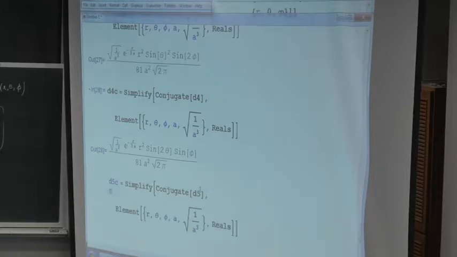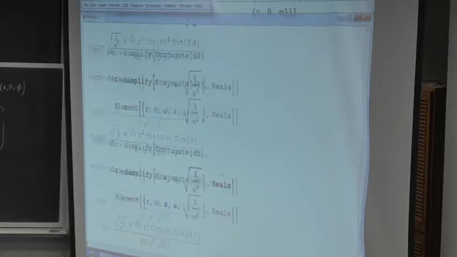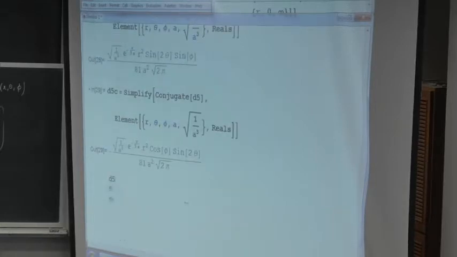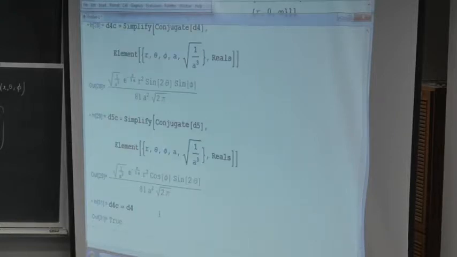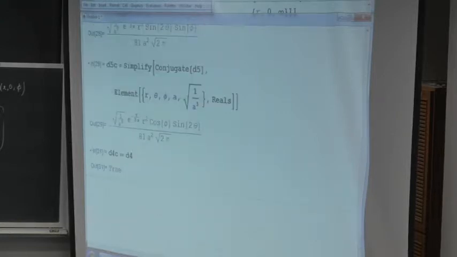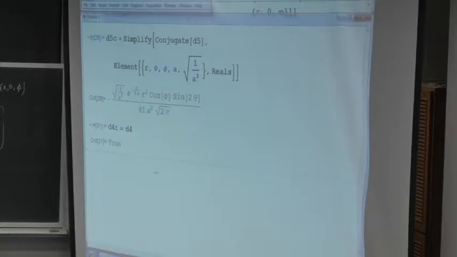So the complex conjugates will be the same. Yeah, so let's check that. D5C, is this equal to d5? Yes. Okay, so this is true for all of them. Good. This formalism will also work if you don't construct real functions. So anyway, we've defined all these, now let's find out the corrections to the energies.